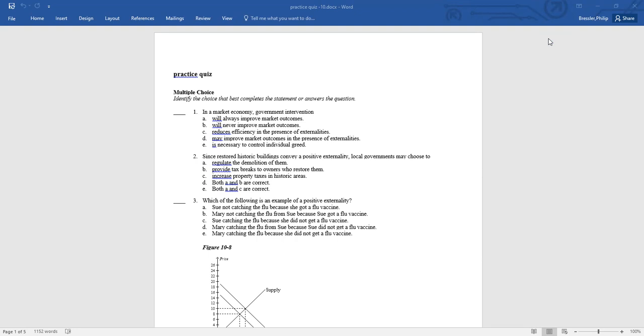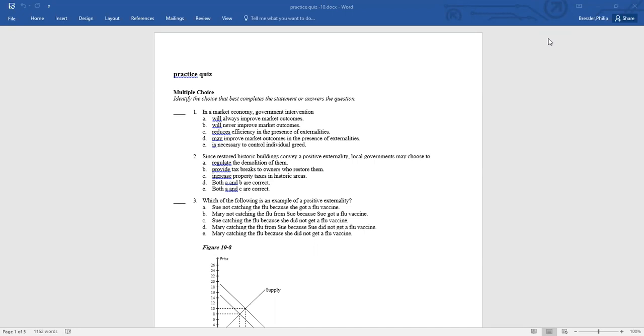You just can't knock those buildings down if you want to build an apartment house or something that would make you more money. And they provide tax breaks. So it's not a subsidy, but in a way it is, because you're paying less taxes. So it's lowering your cost of keeping the building. So you get D, A, and B.